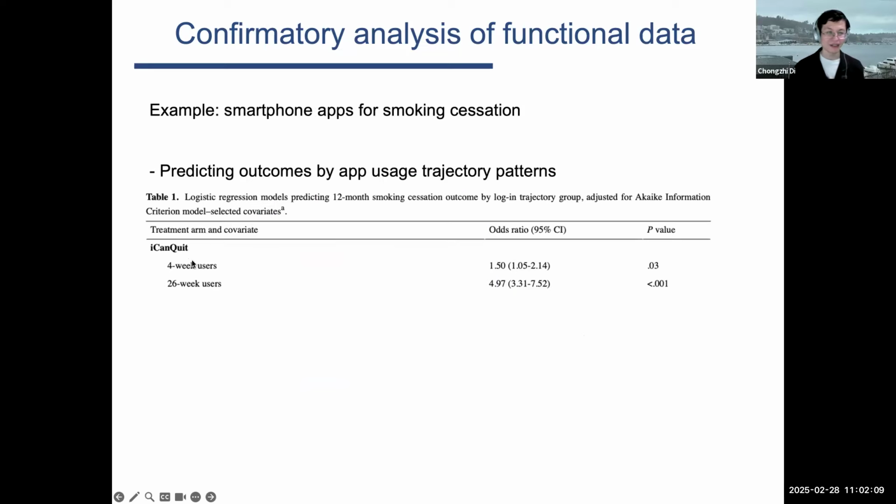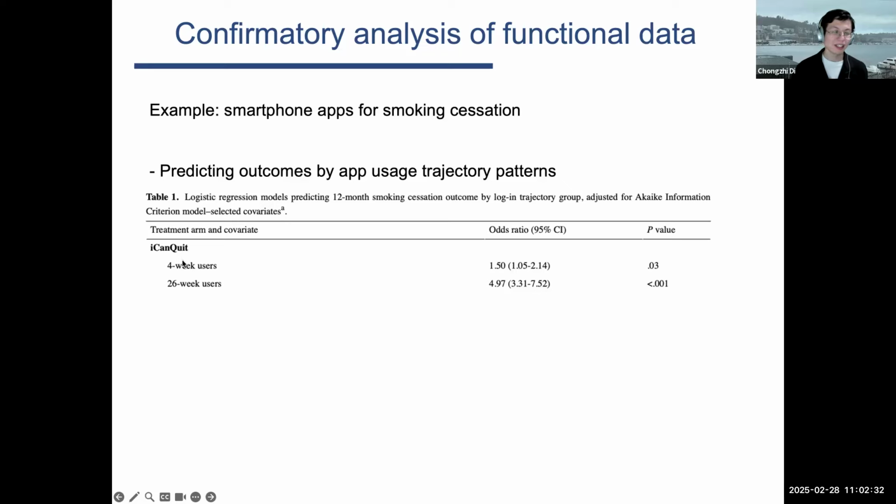This table shows you the estimated odds ratio and p-value for the other 2 groups, 4 week users and 26-week users. You can see that for 4 week users compared to 1 week users, their odds of quitting smoking are 1.5 times higher, right?